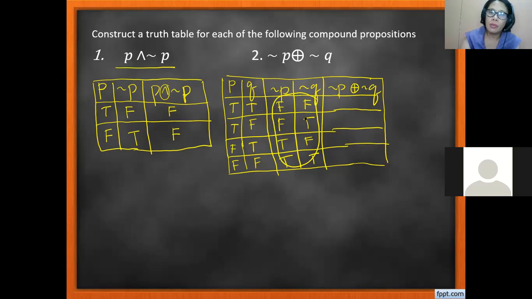Now, we are comparing these propositions, and we will combine them using the connective exclusive or. The rule for exclusive or is that only one of the statements must be true for that to be considered true. Otherwise, that will be considered false.